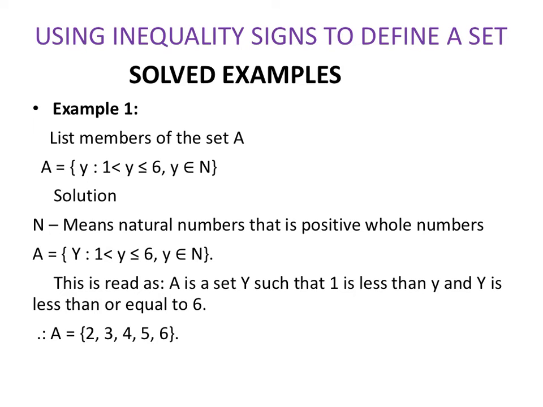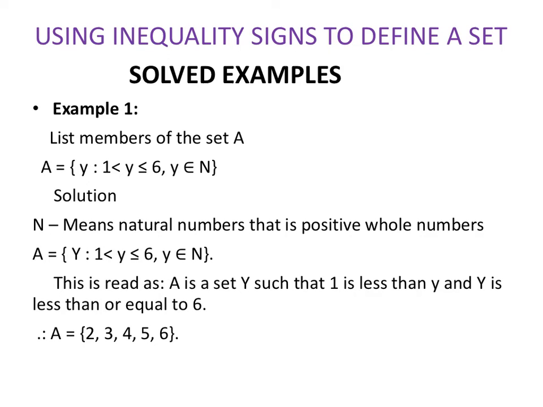natural numbers, that is positive whole numbers. So we have that A is equal to {y such that 1 is less than y, and y is less than or equal to 6}. That is to say, y is greater than 1, but y is less than or equal to 6.